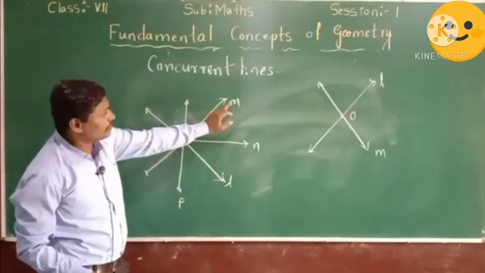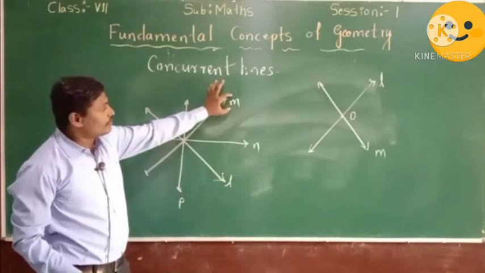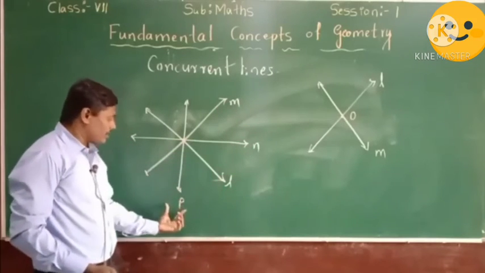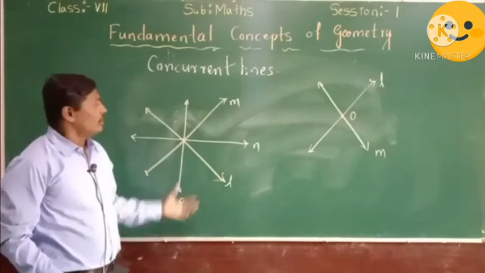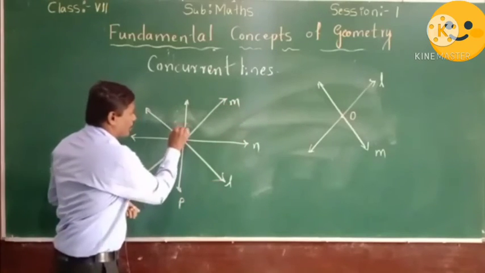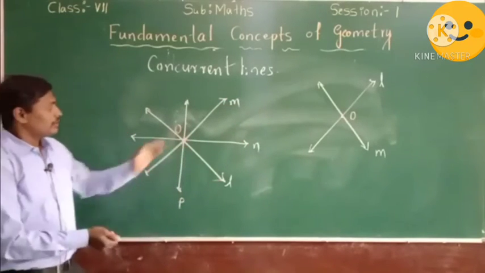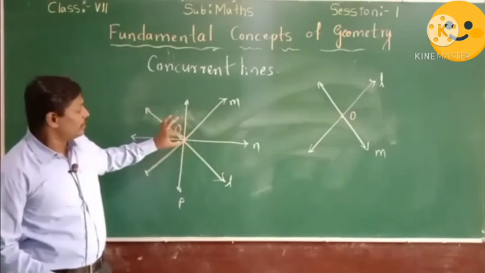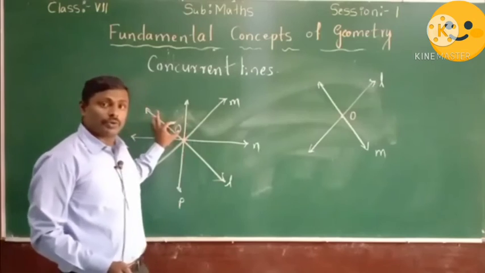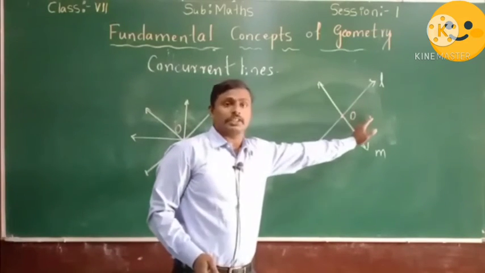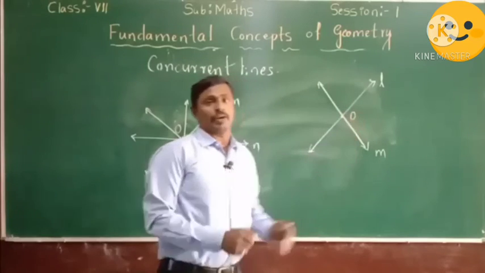Here, as you observe, M is one line, N is a second line, L is a third line, and P is a fourth line. These four lines pass through the point O, or these four lines intersect at one common point, that is point O.